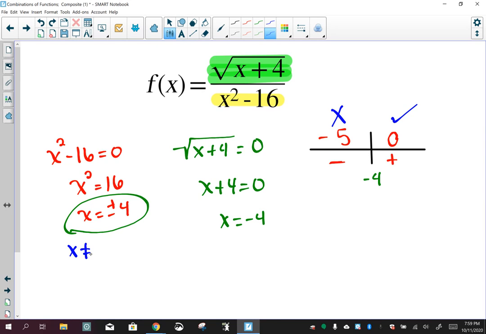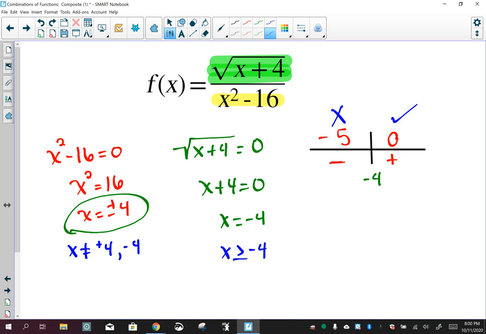So my x cannot equal plus 4 or minus 4 for the denominator. But for my numerator, I actually can't say x is equal to negative 4. I actually have to say that x has to be greater than or equal to negative 4. Because as long as this is a true statement, then my numerator is always going to work.